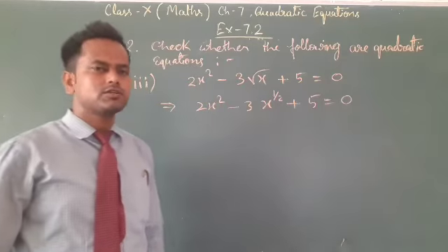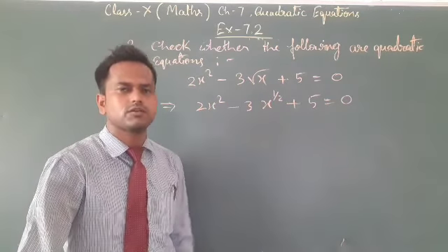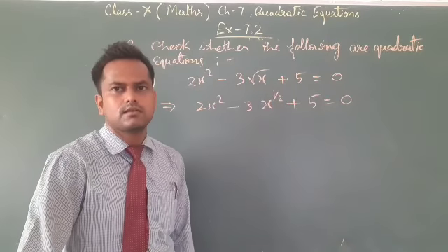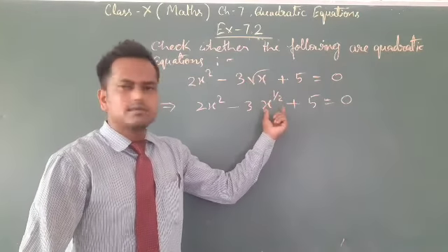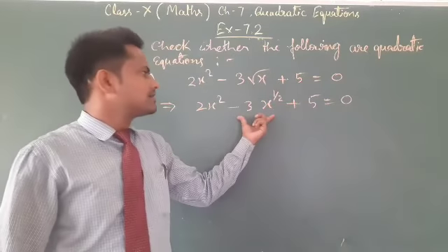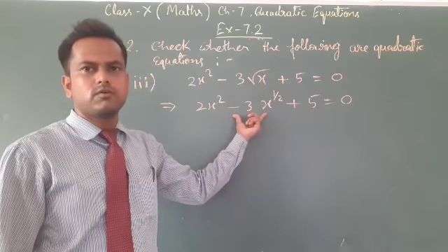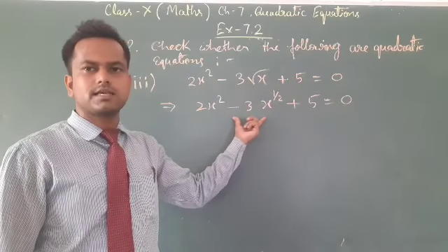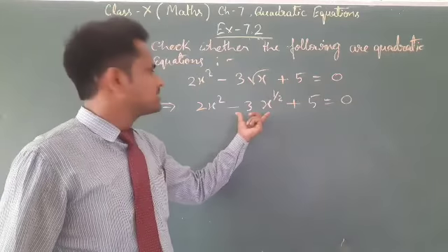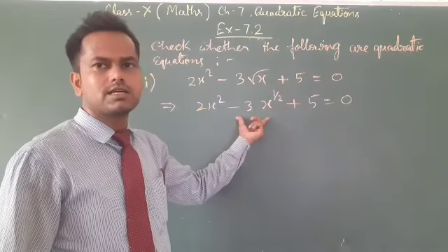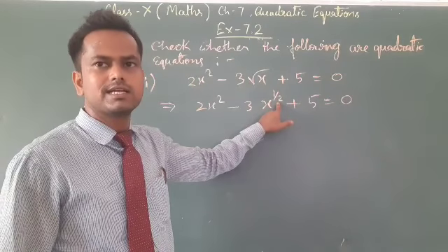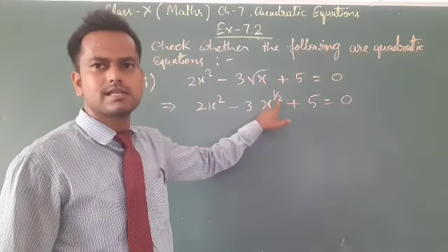And one thing, keep it in your mind: for any quadratic equation, if the power of x is a negative integer or a fraction, then that equation is not in the form of ax square plus bx plus c. So that's why this equation is not a quadratic equation, because here the power of x is 1 by 2, that is a fraction, that is a rational number.